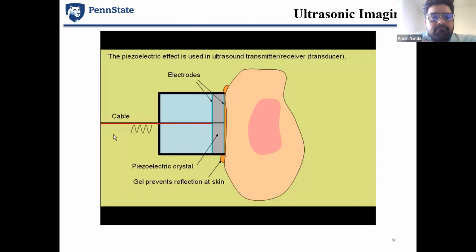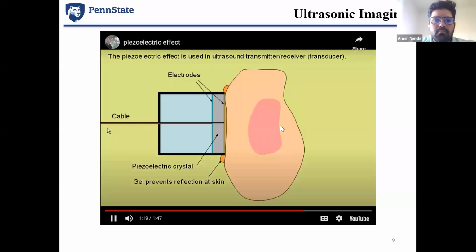A brief alternating pulse is sent down the cable, causing the piezoelectric crystal to contract and expand. This sends out an ultrasonic pulse which will travel into the body. The reflection will travel back, again causing the piezoelectric effect, producing an alternating voltage. This can then be picked up by the computer and interpreted.